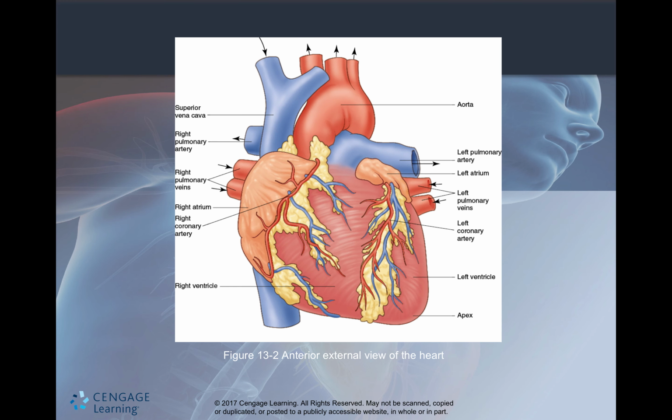If you look at this diagram, and you see right here these little red arteries, these are the ones that actually feed the heart. Because remember, the heart pumps blood, but it needs blood too. So the coronary sinus is a little opening here on the aorta that allows the oxygenated blood to perfuse the heart. And then obviously the veins do the same thing. They dump the deoxygenated blood back into the circulation.